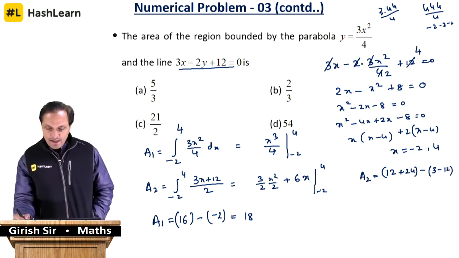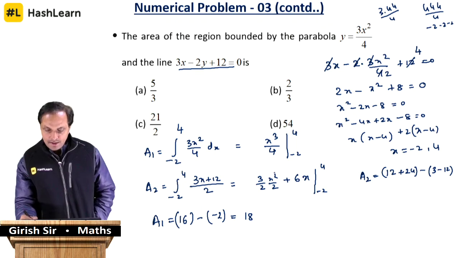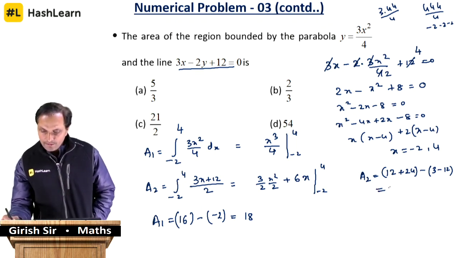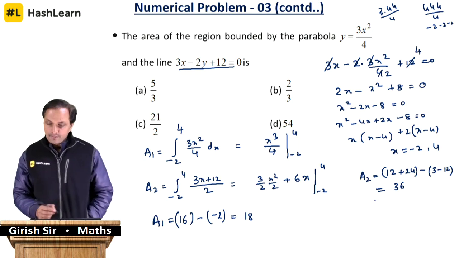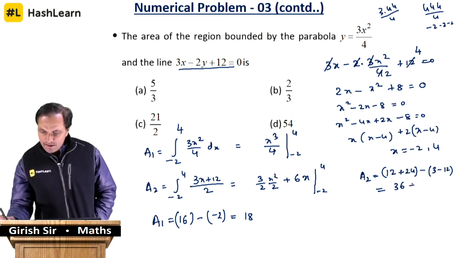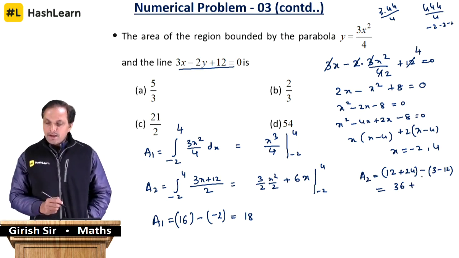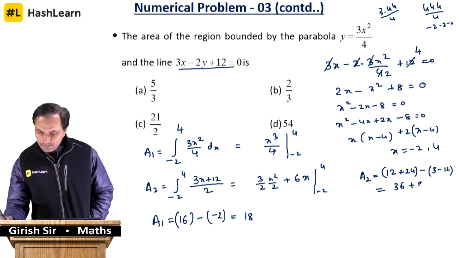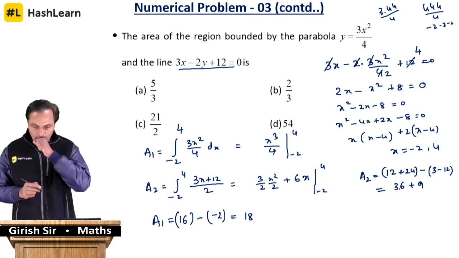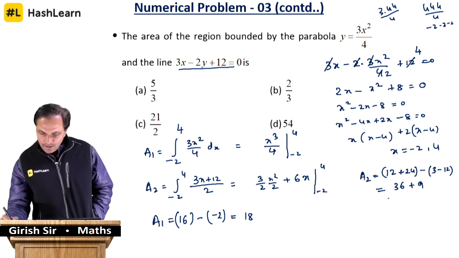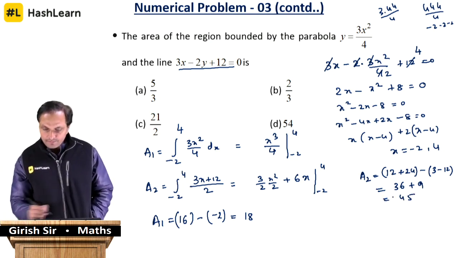Let us check once again. This will be minus 2, that will be 4, cancel with 4, you will have 3 minus 6 2s are 12. Okay. So 24 and 12 is 36. That will give you minus sign, plus sign, you will have again plus 9 here. So this will give you 45.